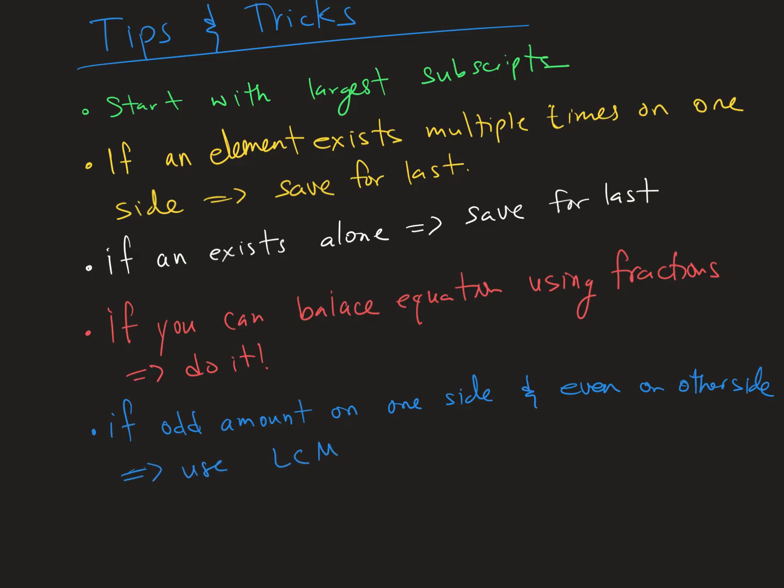You guys all remember what that is, right? Least common multiple, the lowest number that two things can go into evenly. So what's the least common multiple of 2 and 3? 6. They can both go into 6 evenly.